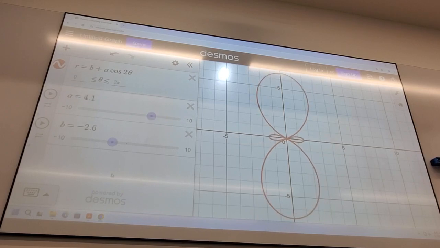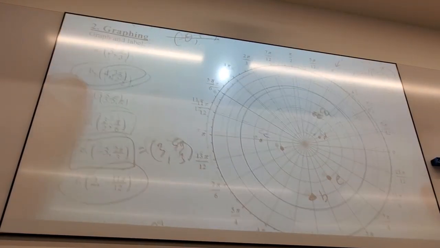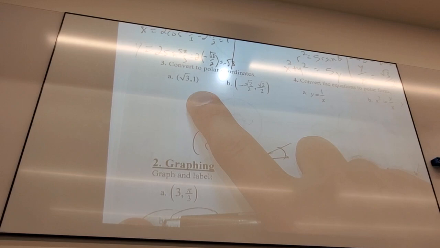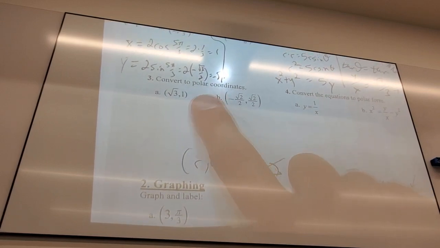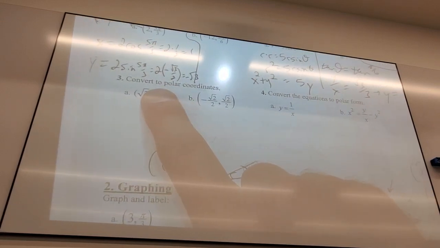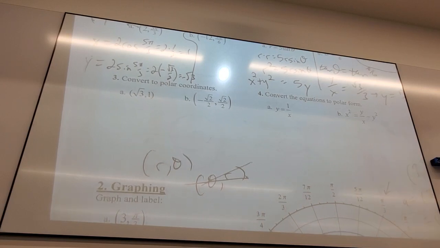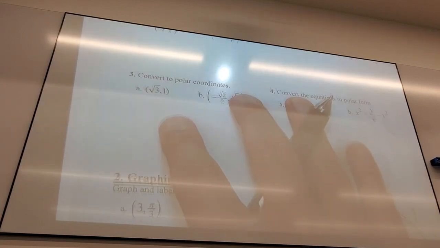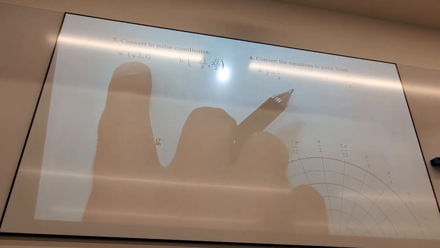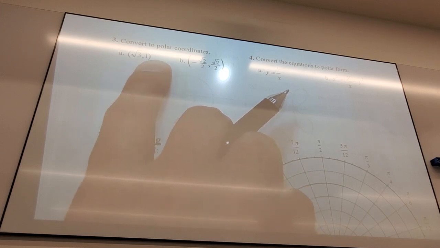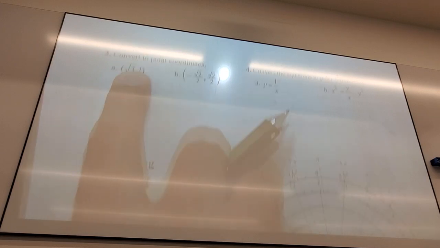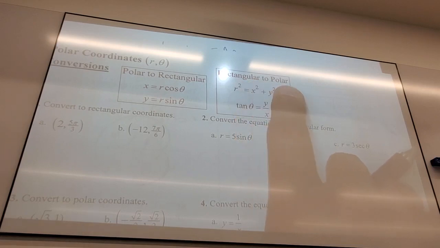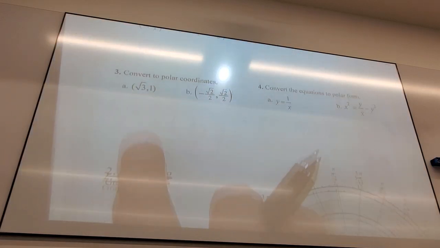Okay, coming back. Enough fun. So look at this one. Convert to polar coordinates. I'm starting in rectangular, and I want to go to polar. To get r is easy.